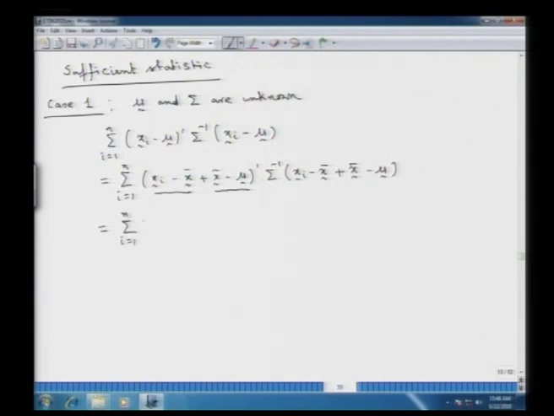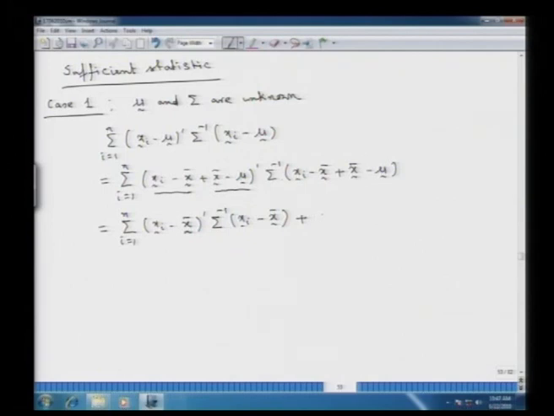So the first term would be (xi minus x bar) transpose sigma inverse (xi minus x bar), and then the second term, (x bar minus mu) multiplied by sigma inverse into the corresponding term.